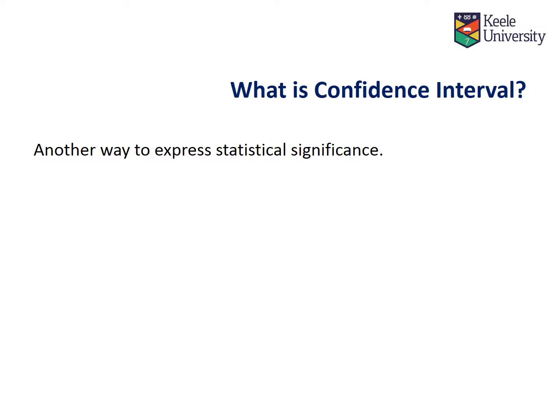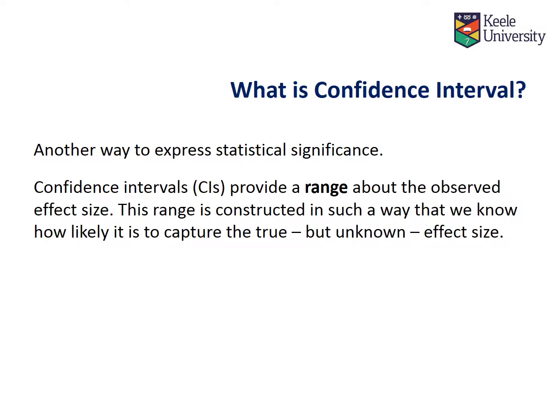What is a confidence interval? This is another way of expressing statistical significance. One way we just mentioned was the p-value, the probability. Confidence interval is another way, and it's a better way. What the confidence interval does is give us a range.